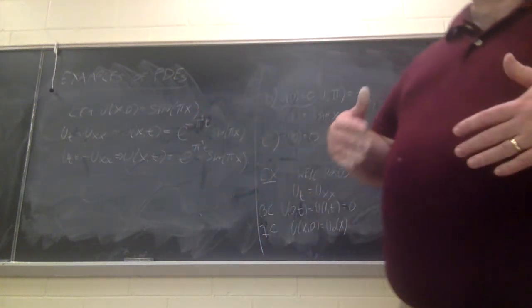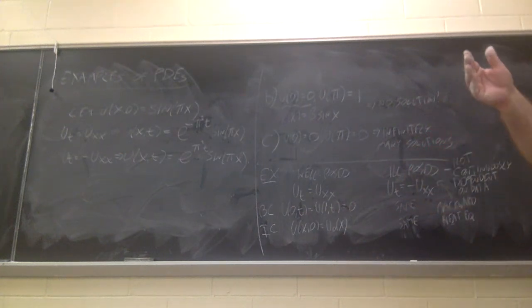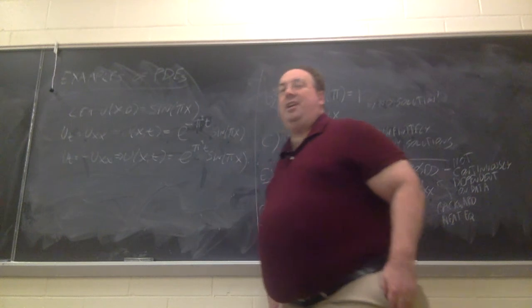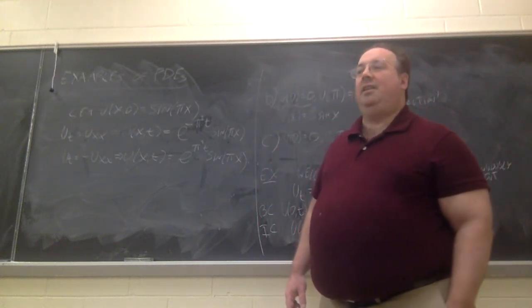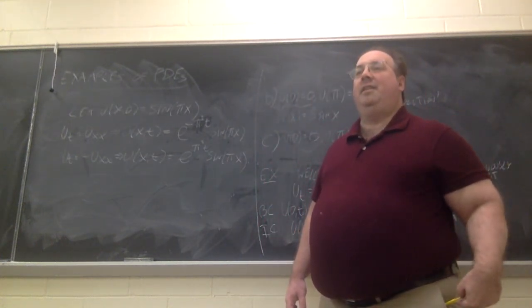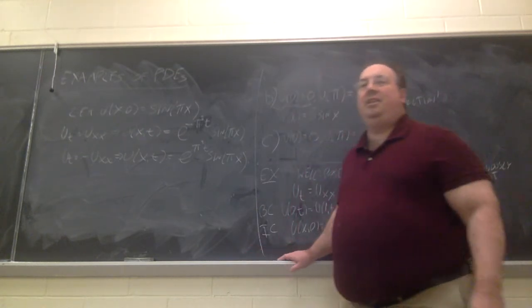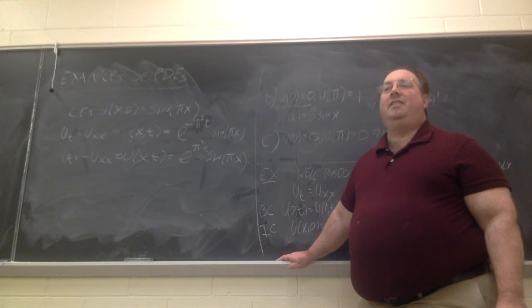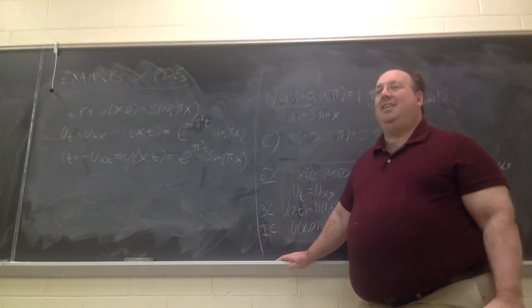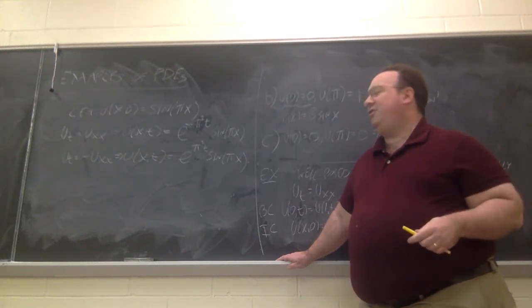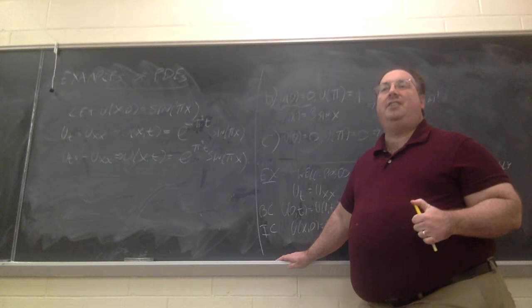So we start at t equals 0, t is moving forward in time, t is positive. How does this solution behave over time? What does that e to the minus pi squared t do? Yeah, it goes to 0. What about the other one, e to the pi squared t? How's that going to behave?